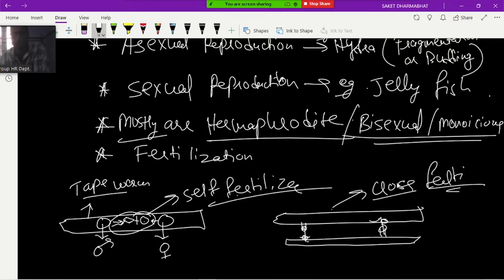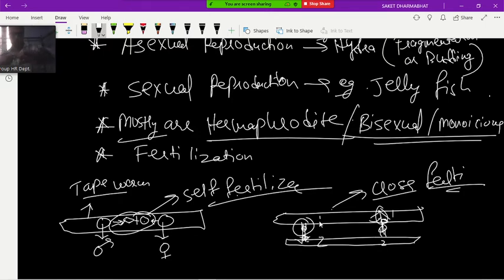There are many types of fertilization: internal, external, self, cross. As you study, new types will come. The male part of the first worm goes inside the second worm, and the second worm's male part goes inside the first. Like that they exchange.